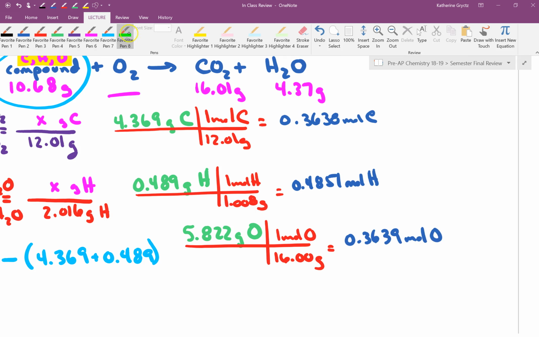Okay, so once we're at moles, we're supposed to find the lowest number and divide everybody by that. So 0.3638 is my lowest number.